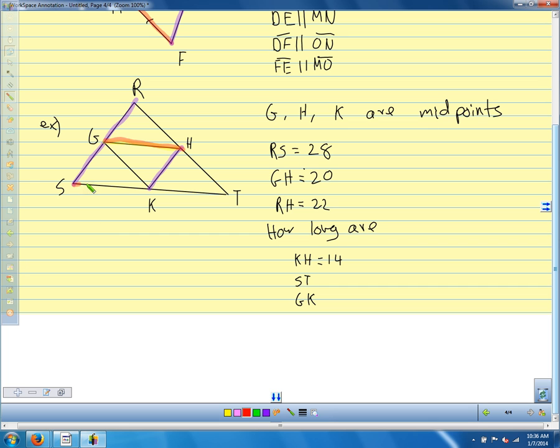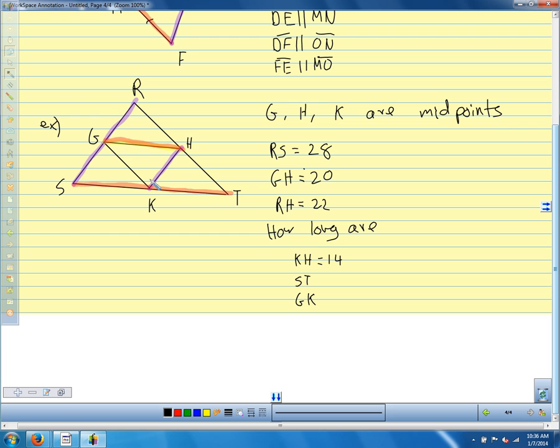ST. And if GH is 20, how long does ST have to be? Is GH smaller or bigger? Smaller. So if it's 20, how long does ST have to be?